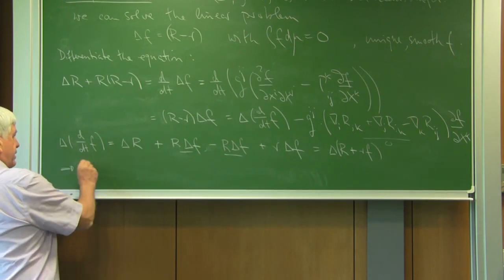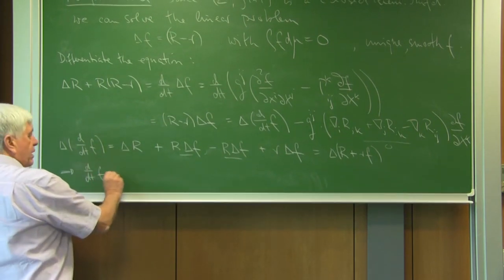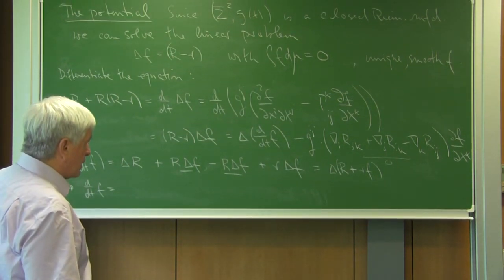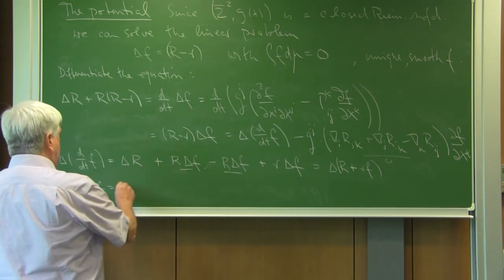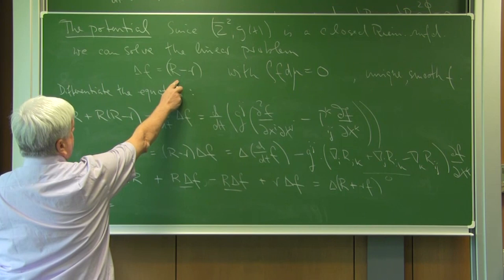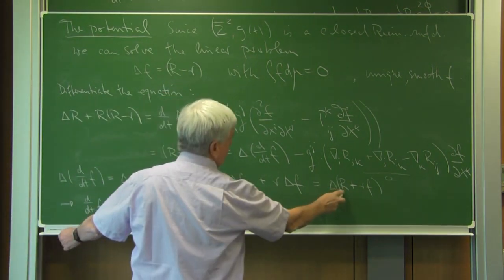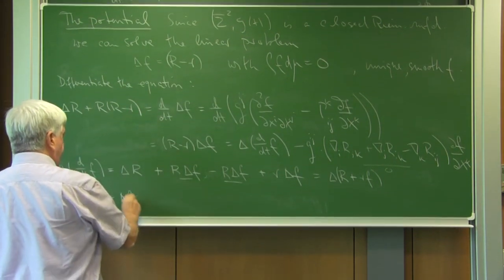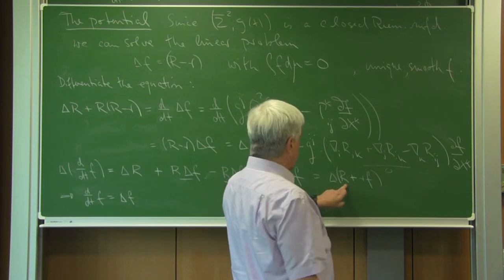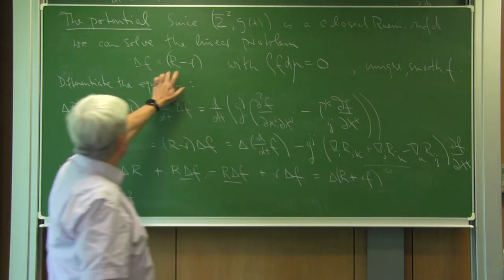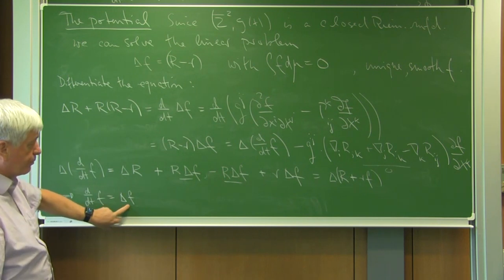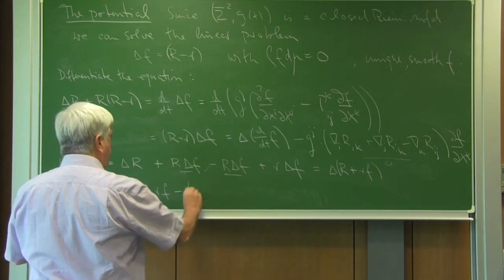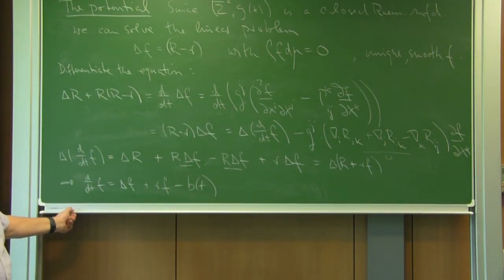So I get that ddt of f is equal to Laplace f, and R on the other hand, I could have just written as Laplacian of capital R minus little r, which is the same as the Laplacian of f, plus r times f, minus some constant that may depend on t.